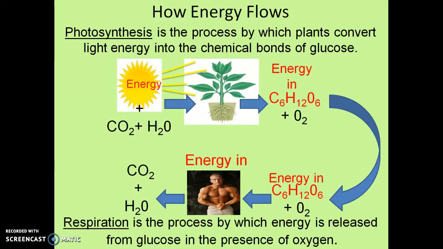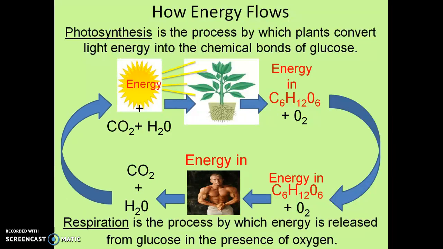So photosynthesis and cell respiration. Cell respiration is, once again, the process by which energy is released from glucose in the presence of oxygen. So we're taking in that glucose, breathing in that oxygen, creating energy that we need to do our daily functions, and we release carbon dioxide and water.